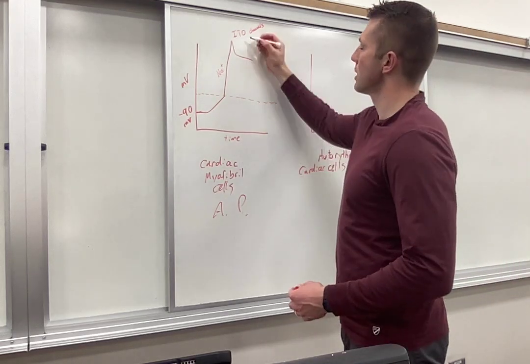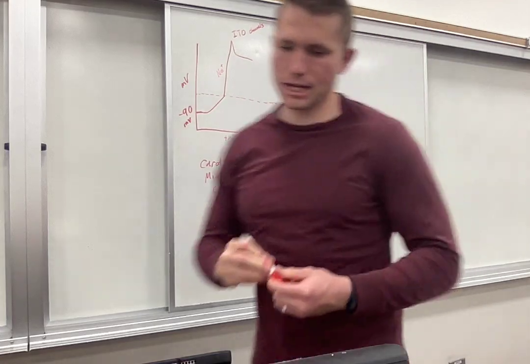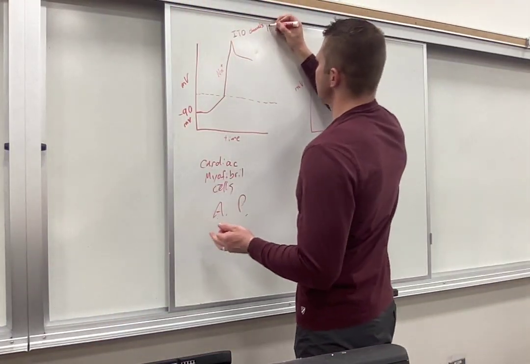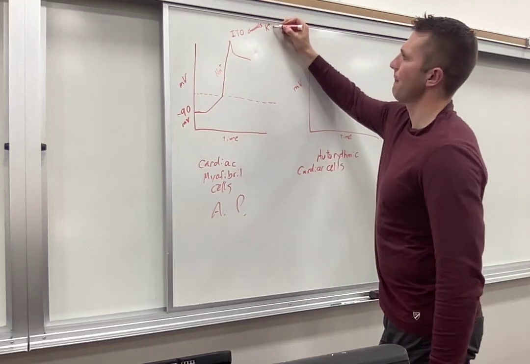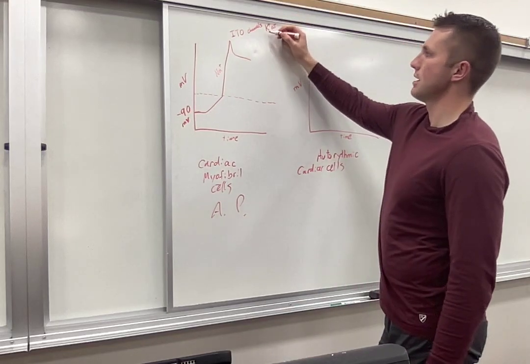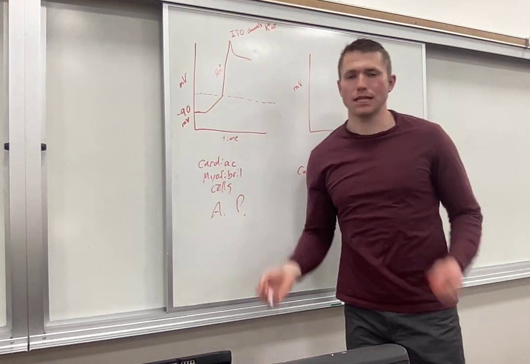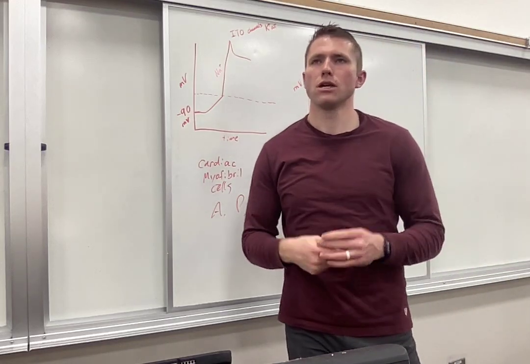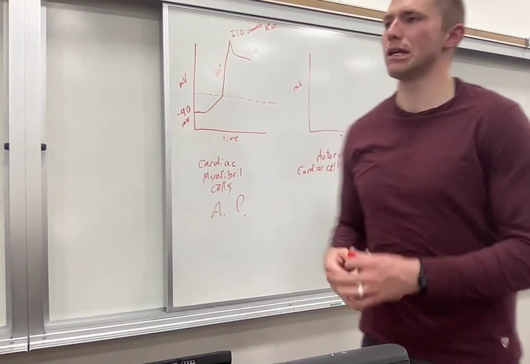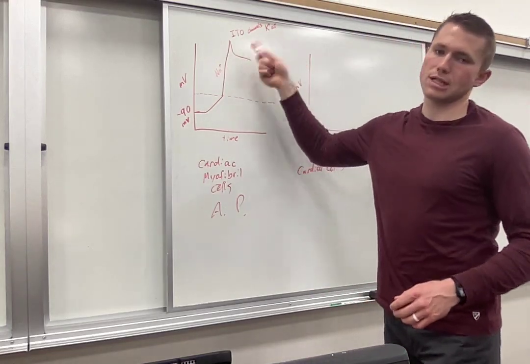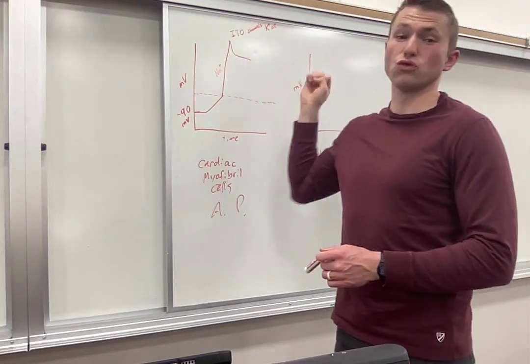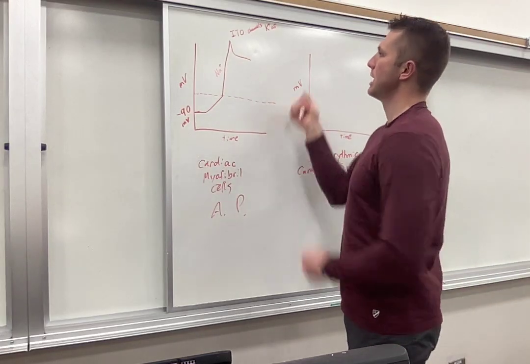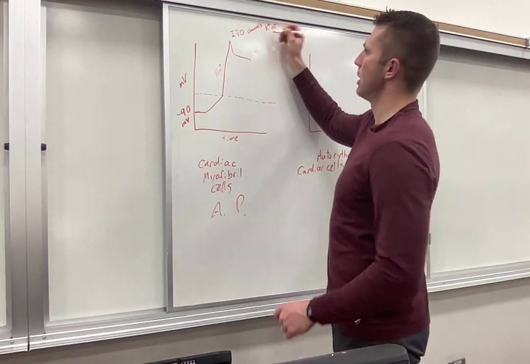Those open up, and that lets potassium out of the cell. The word transient means changing, or fleeting. The reason we use transient in this case is that this channel opens up so fast, and tons of potassium goes out of the cell.